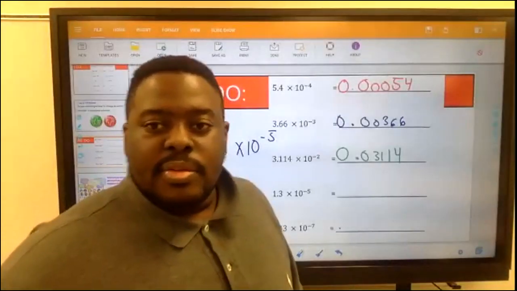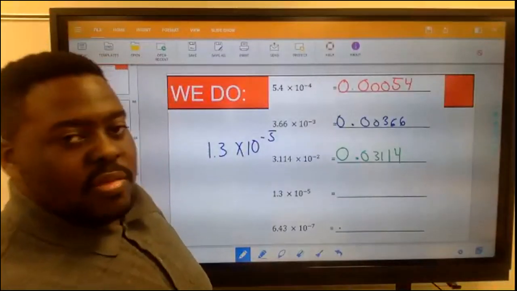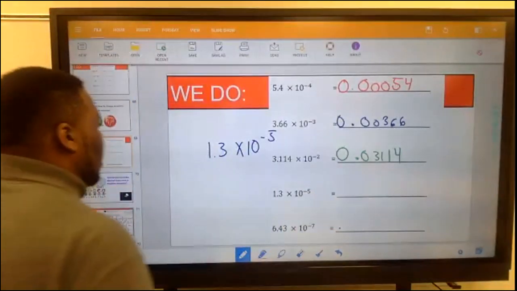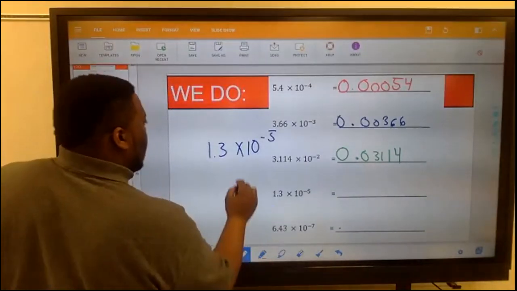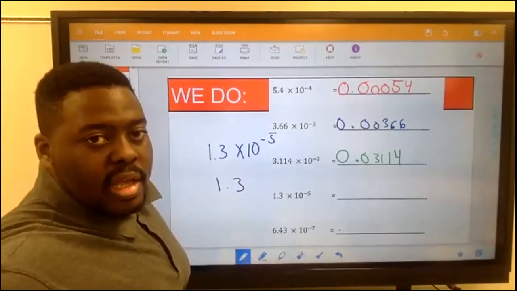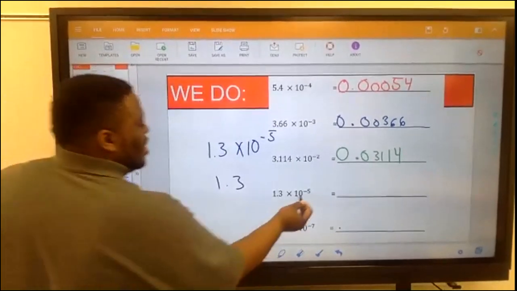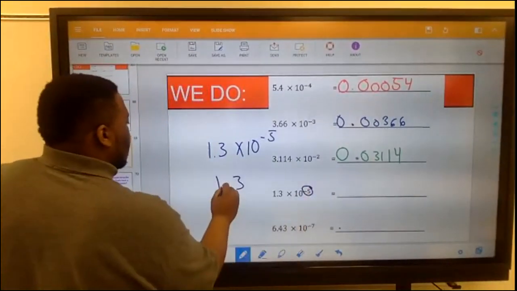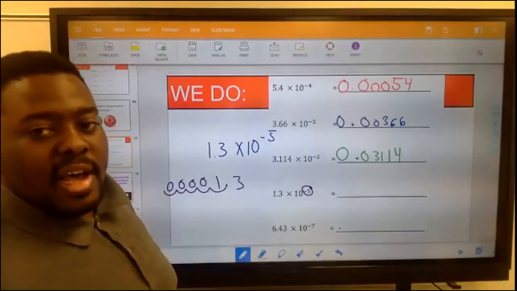1.3 times 10 to the negative 5. Okay? I'm going to do this one slowly and we're going to do the next one with y'all. So I have to go 5 times to the left, because it's negative. 1, 2, 3, 4, 5.